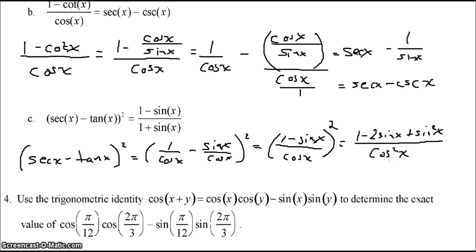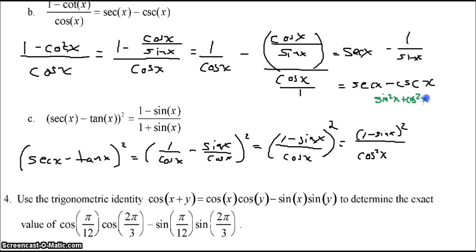Which isn't really what we want. Let's back up. Because we have what we want on the top, 1 minus sine x, but the bottom isn't really what we want. Well, let's see. We could break it up like this, and then remember that sine squared x plus cosine squared x equals 1.